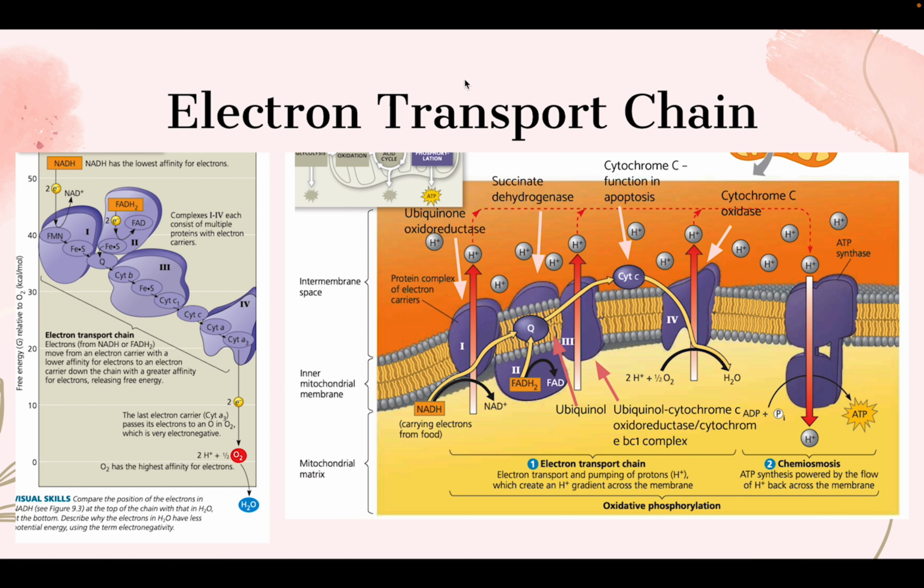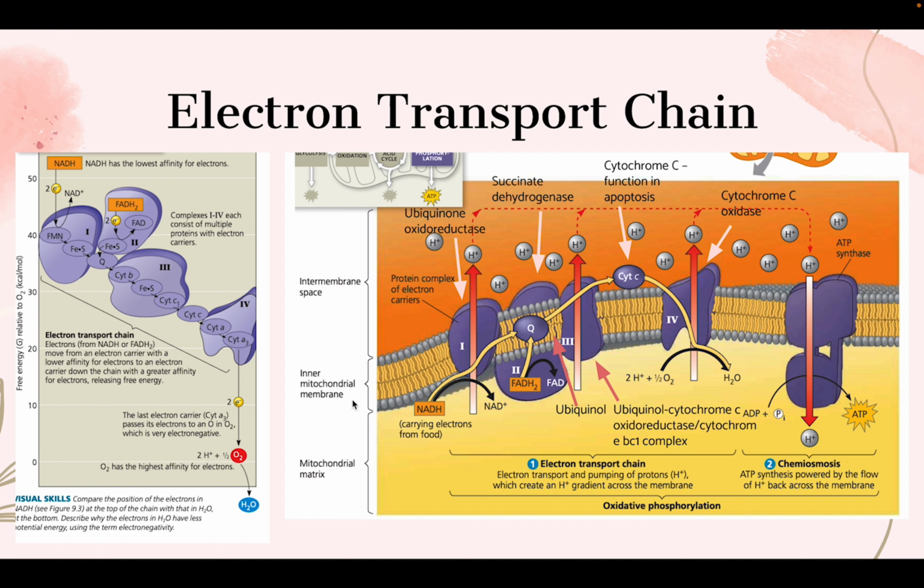All right, so here is what that looks like. We see this electron transport chain. This picture has all of these specific enzymes inside of these complexes. But just know there's a complex 1, 2, 3, 4, and 5. Complex 5 is ATP synthase.